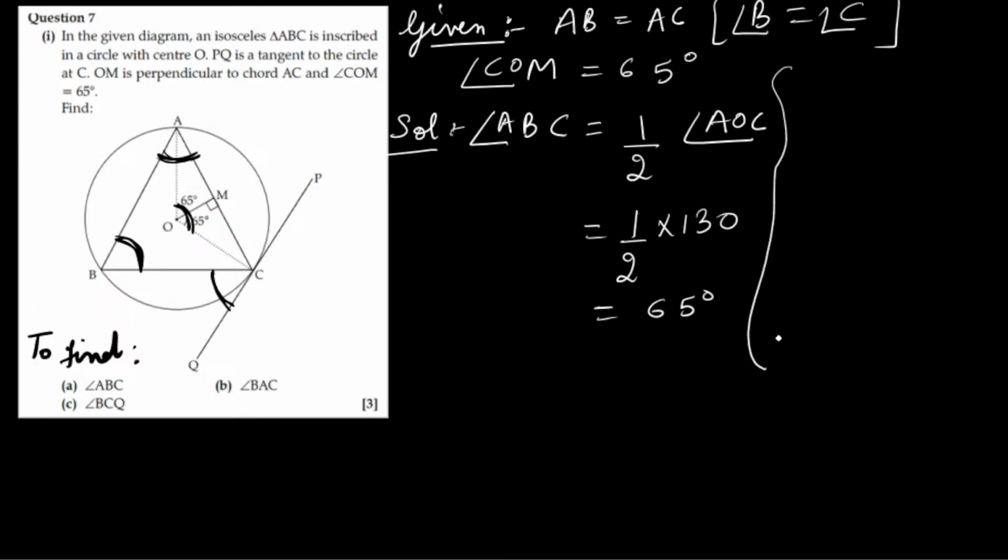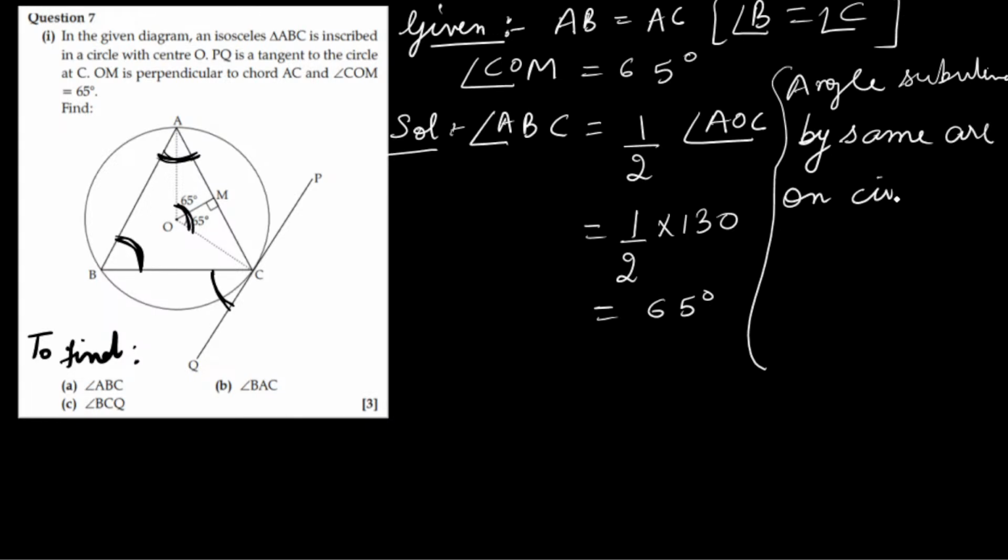The reason I'll tell you: the angle subtended by the same arc on the circumference of a circle is half of the angle at the center.